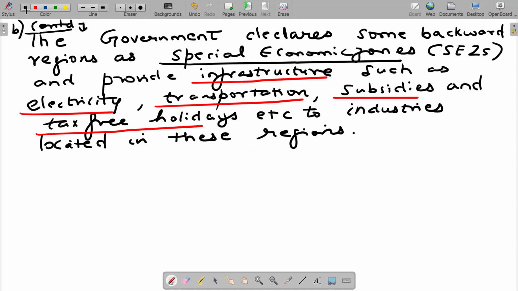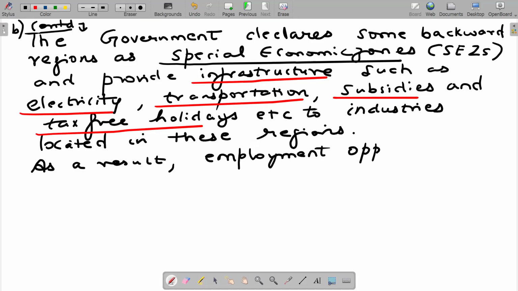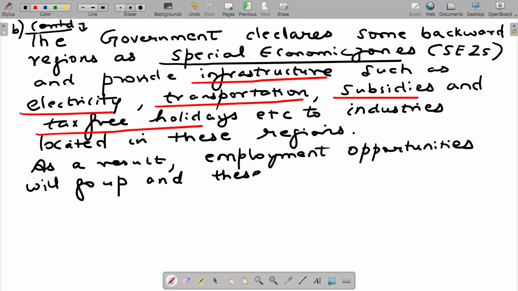So I can write, as a result, employment opportunities will go up, and these backward regions would develop.